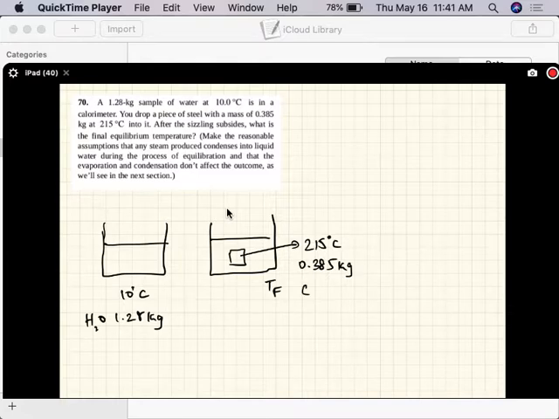And what is the specific heat of steel? Calories or joules? Joules. 452.